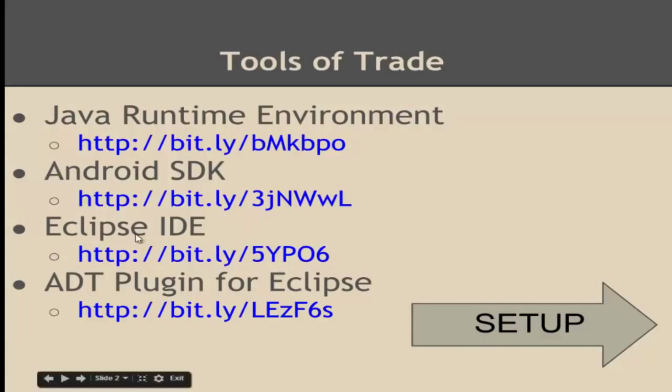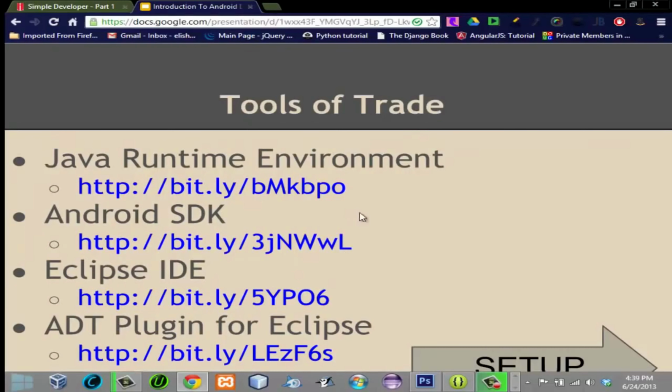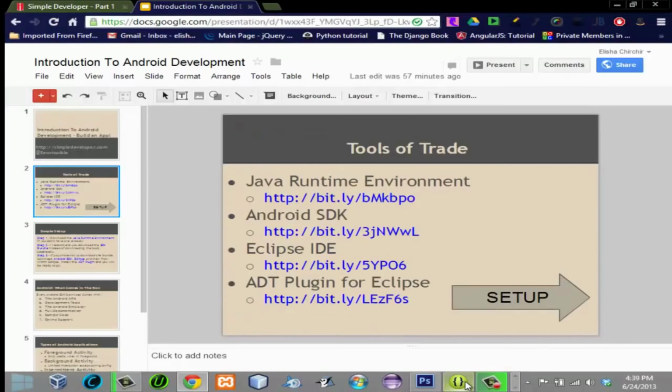It doesn't have to be Eclipse, you can get any other IDE that is functional. The last thing you need is an ADT plugin for Eclipse. As I explained in my previous video, you can download a bundle that comes ready for use, and that's what I recommend. Now, let's get back to building our first Android application.